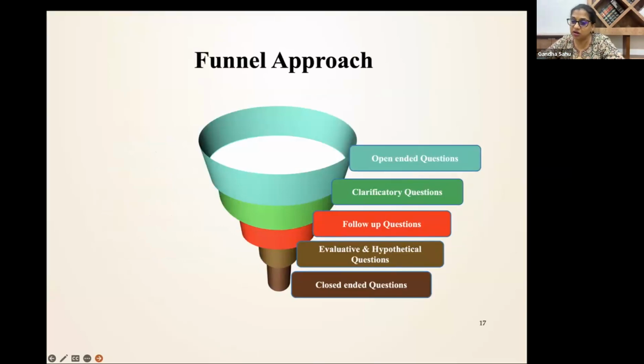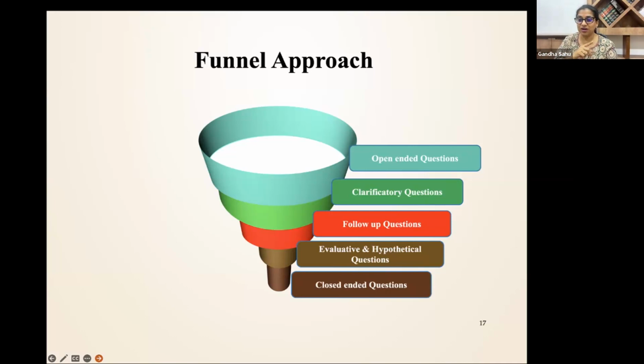We call this the funnel approach. So you have a story and you keep coming down, understanding the larger picture and then going down to the facts. Because the larger picture will have emotions, it will have situations, it will have a lot of stories. And the real facts of the matter you can clarify later.